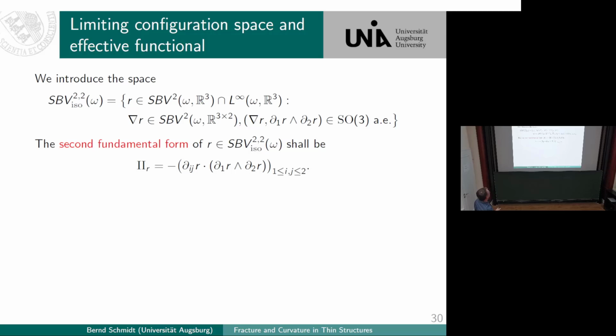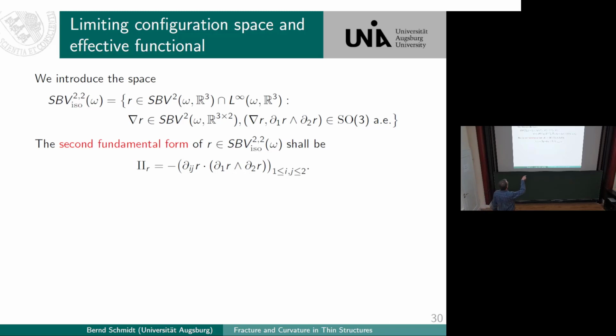So in fact, I will come to this. Then you also have to define the curvature term, and the second fundamental form we define is exactly the right formula that you know from the Sobolev W^{2,2} case, but we only take into account the absolutely continuous contributions here. Since this is itself an SBV² function, it has a second gradient, again with an absolutely continuous part.